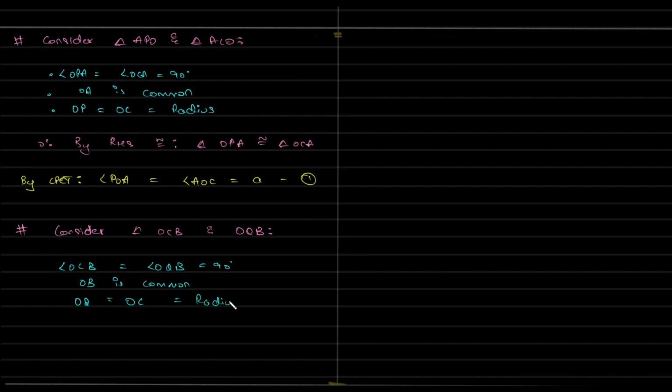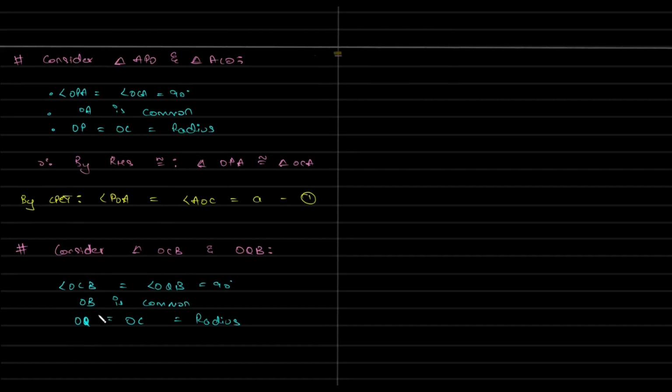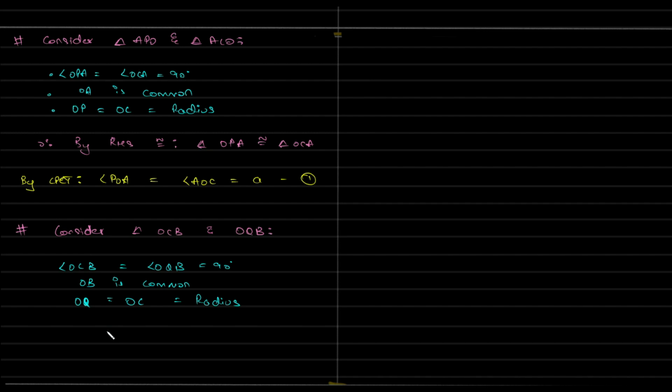I hope I'm right. OQ and OC, yes, I'm right. So by RHS congruency, triangle OCB is congruent to triangle OQB. Now, by CPCT, angle QOB is equal to angle COB. We'll call this B.